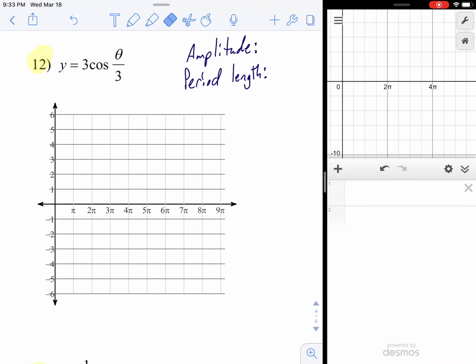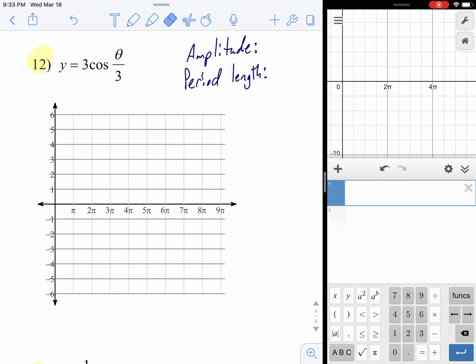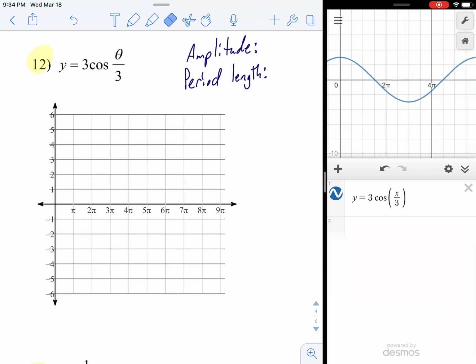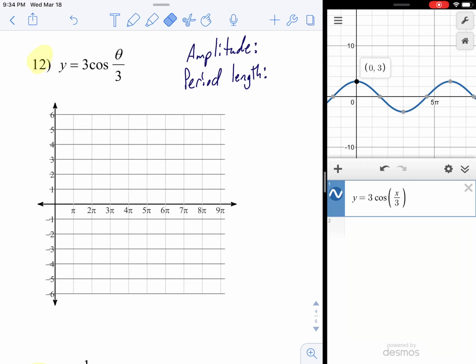Y equals 3 cosine of theta over 3. Y equals 3 cosine x divided by 3. And here we go. So a starting point right here, 0, 3. X-intercept, 3 pi over 2.